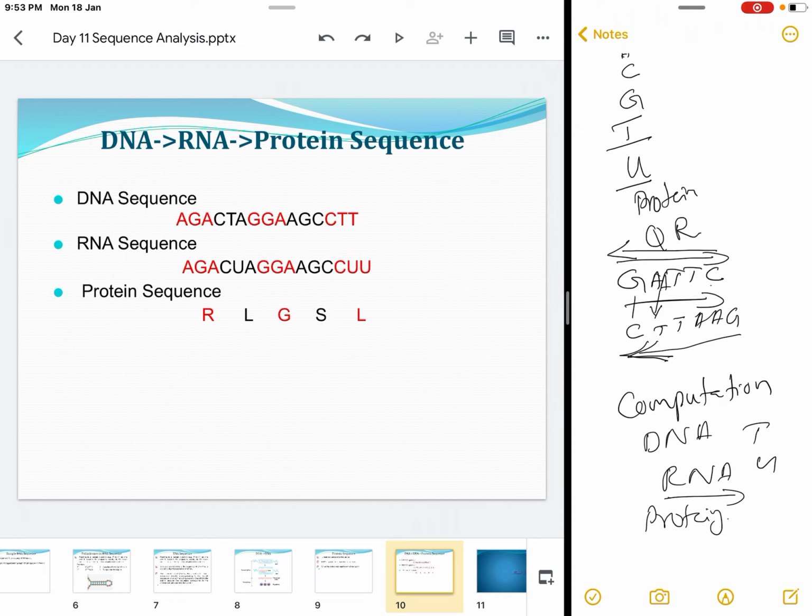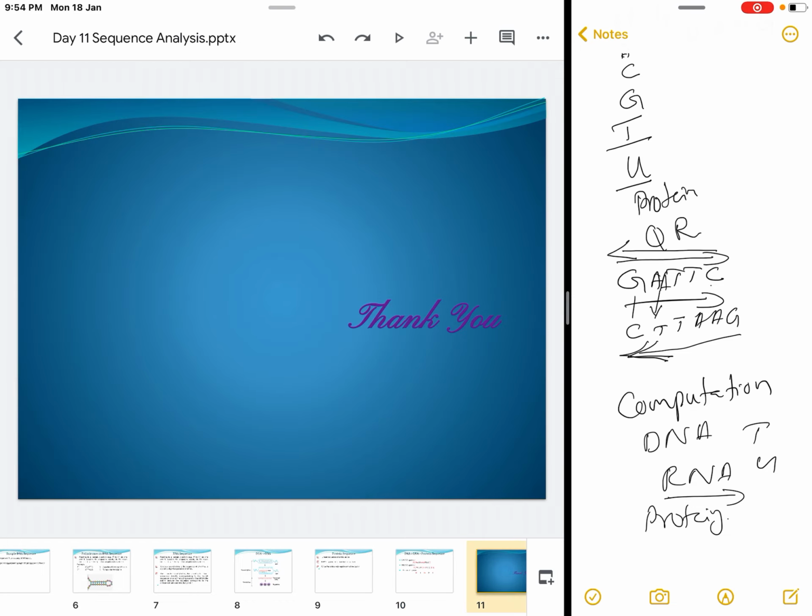A DNA sequence consists only of the 4 basic letters A, G, C and T. An RNA sequence consists of A, G, C and U, and protein sequences have the 20 amino acids. So this is the concept of sequence analysis, or the sequence representation of nucleic acids.